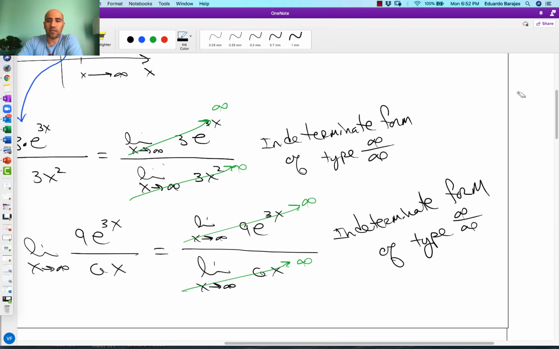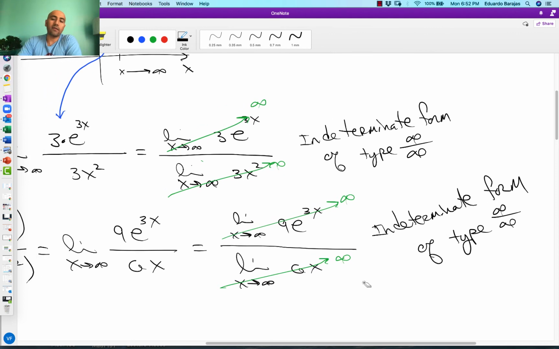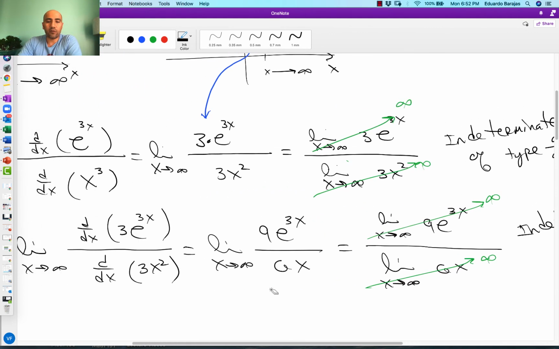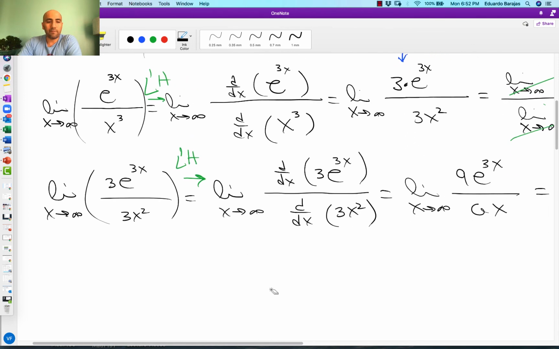We get to use it as many times as we need to, as long as we continue to run into indeterminate forms that qualify, 0 over 0 or infinity over infinity. So let's apply L'Hopital's rule one more time.